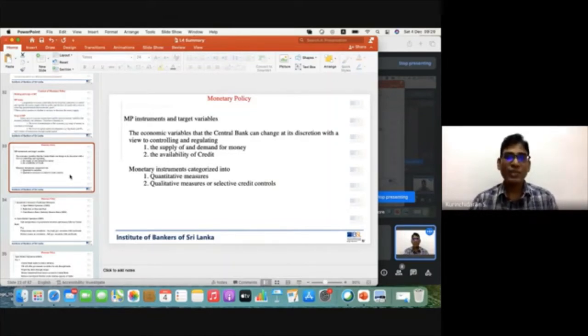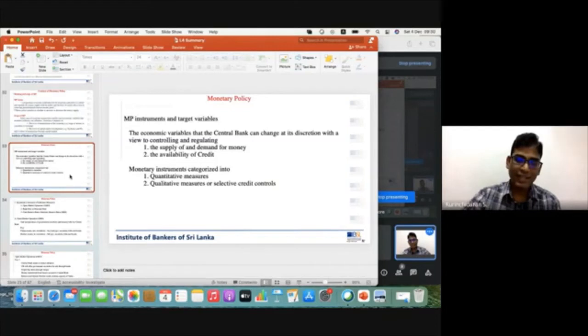So when it comes to instruments, there are two kinds of instruments the central bank can use. One we call quantitative measures, the other we call qualitative measures or selective credit controls. Let's see next what the quantitative measures and what the qualitative measures are that a central bank can use to control money supply and credit growth.